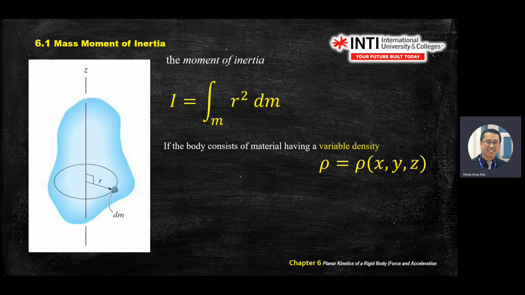So how do you calculate mass if you have density? What is density? Mass over volume. This is rho.